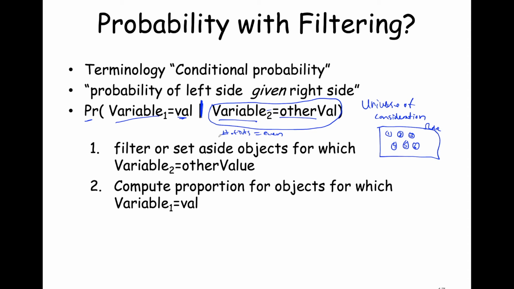So, given the number of dots is even, I don't consider the 1, I don't consider the 3, I don't consider the 5. What am I left with? I'm left with a new universe of consideration, which is equal to the set of objects 2, 4, and 6.